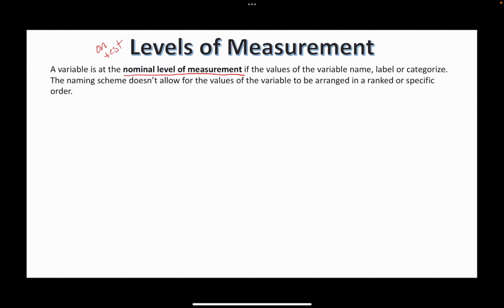For example, if I was looking at the colors of M&Ms in a bag of M&Ms, there's not a specific order they're put in. You just say, I have this many red, I have this many blue, I have this many green. They're just colors of M&Ms. They're categorical variables.